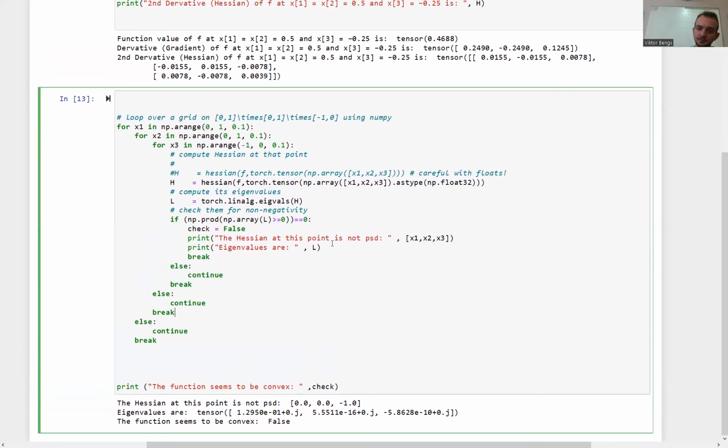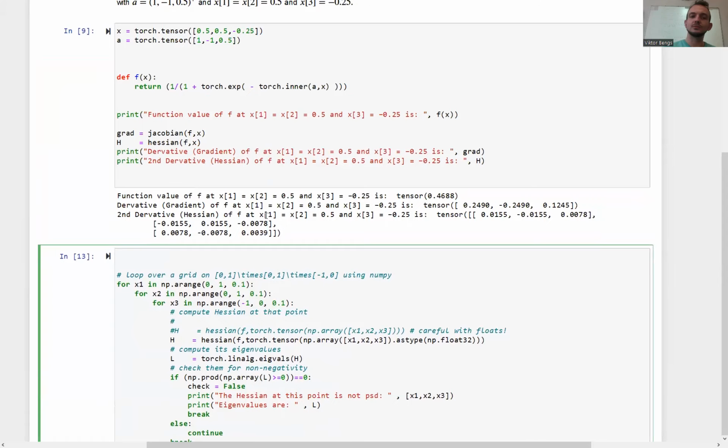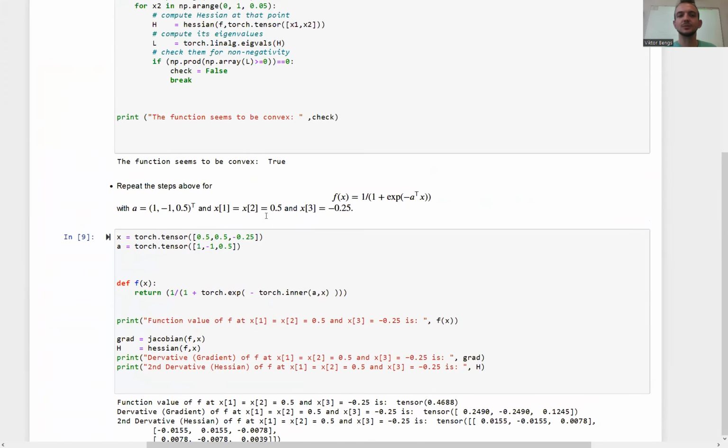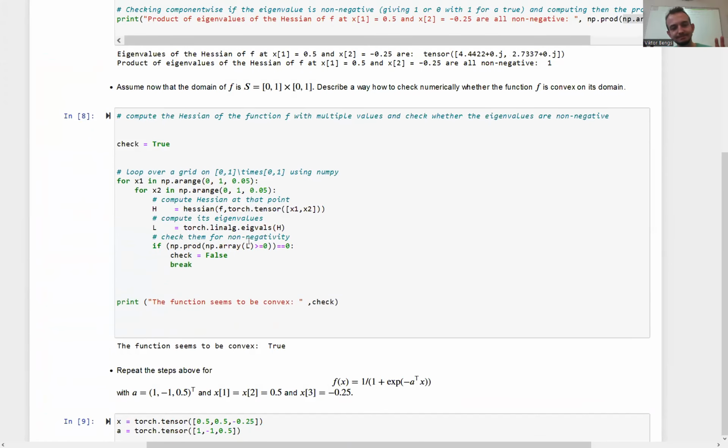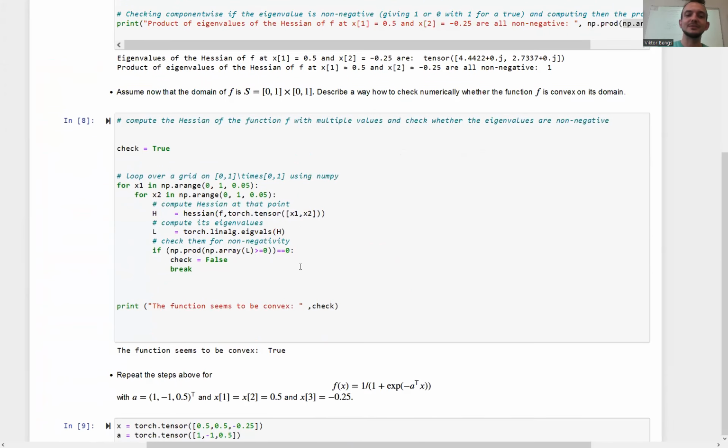So this procedure is better suited to detect non-convexity. You can of course use this to detect non-convexity, but to verify convexity, I get a stomach ache. So this is sometimes done in practice, but it's not very clean. Let's put it like this.